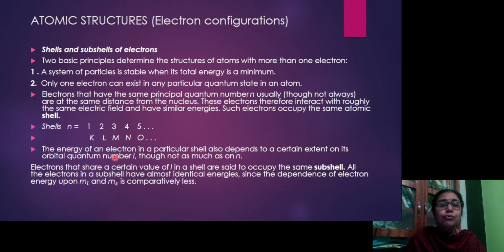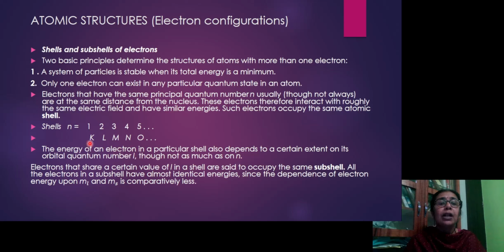The energy of an electron in a particular shell also depends to a certain extent on its orbital quantum number L, though not as much as on n. We know that corresponding to each principal quantum number n, there will be orbital quantum number L which can take values from 0 up to n minus 1.